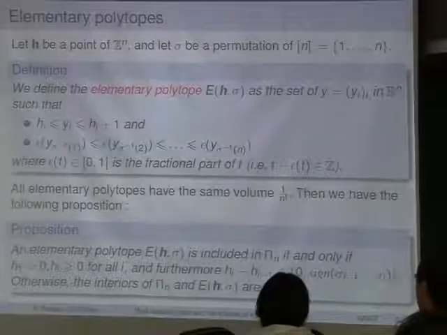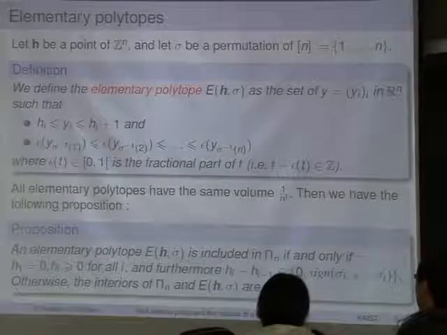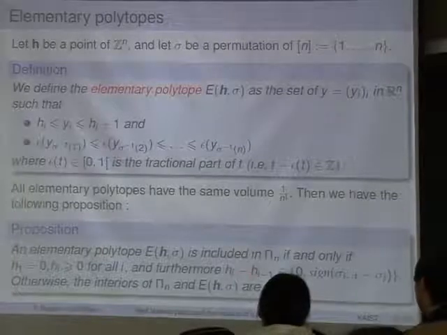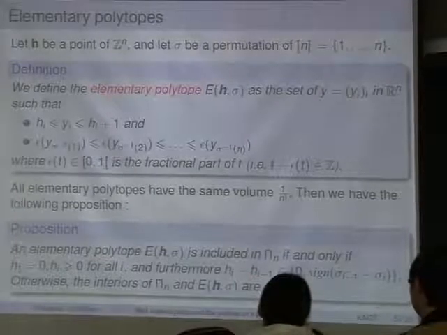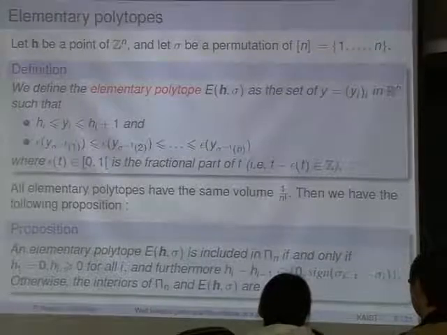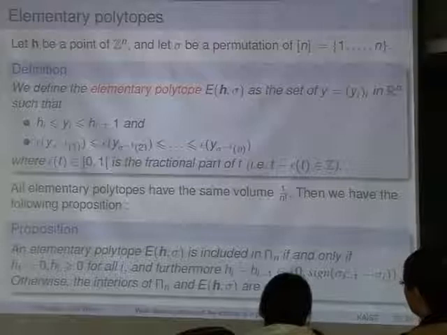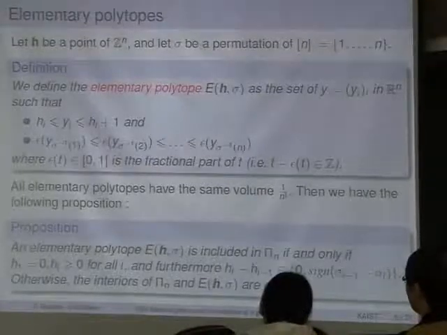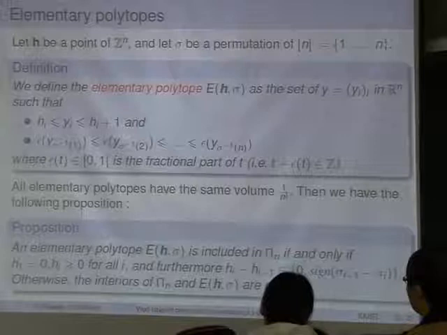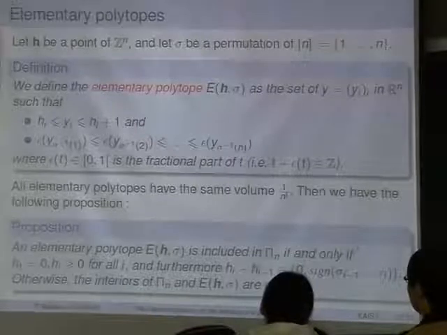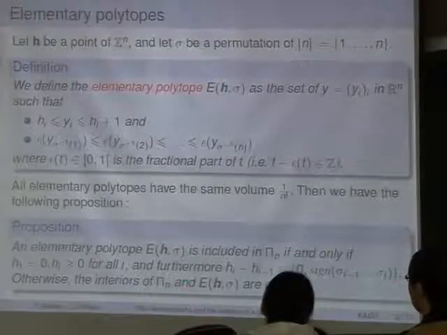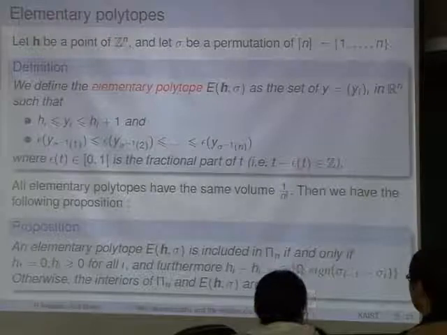So this difference can be 0, 1, or minus 1, and 1 or minus 1 is dictated by the difference between sigma_{i-1} and sigma_i. This is just the value of the permutation, so it's sigma of i minus 1.